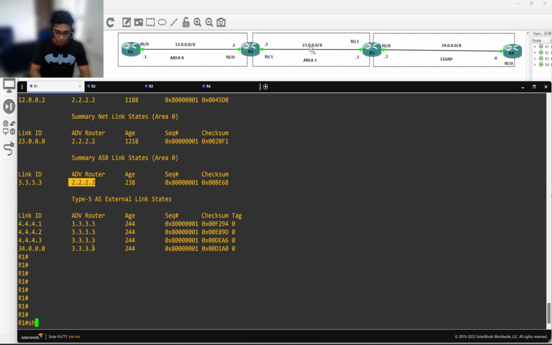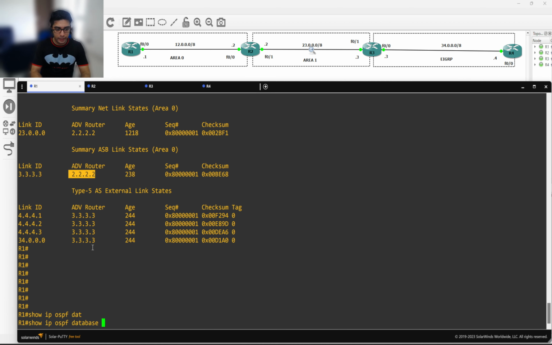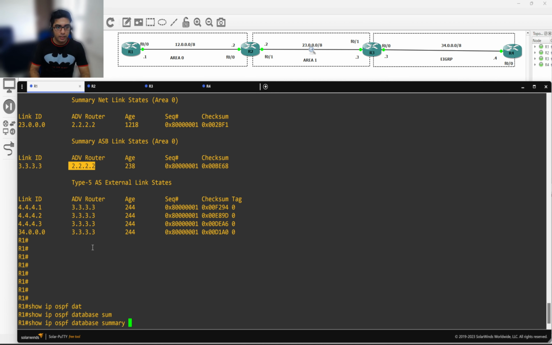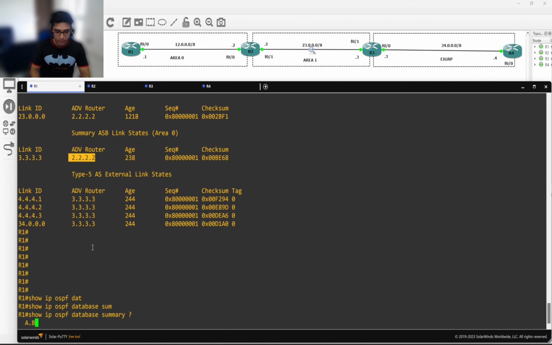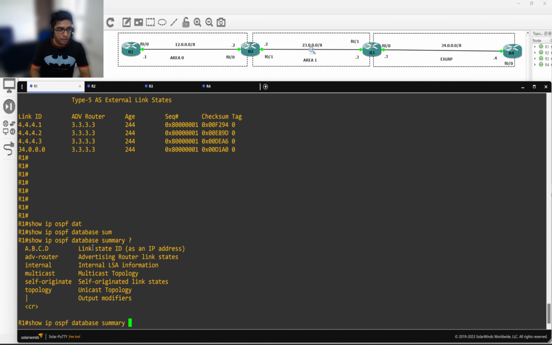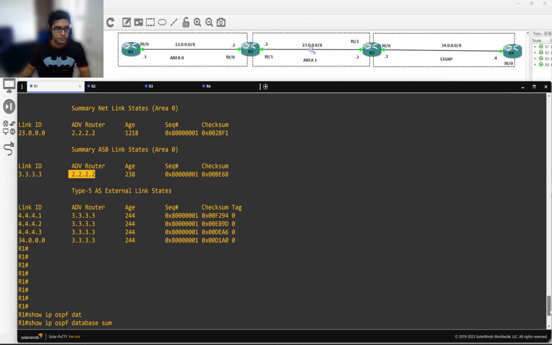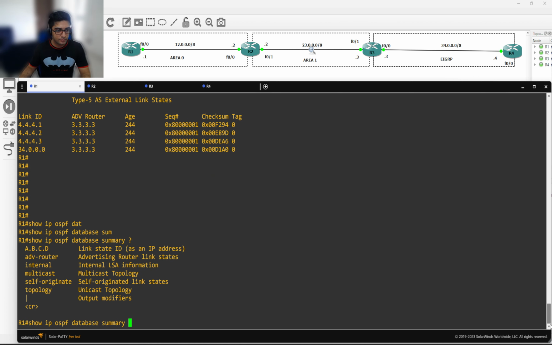So show IP OSPF database summary ASBR, and it is 3.3.3.3.